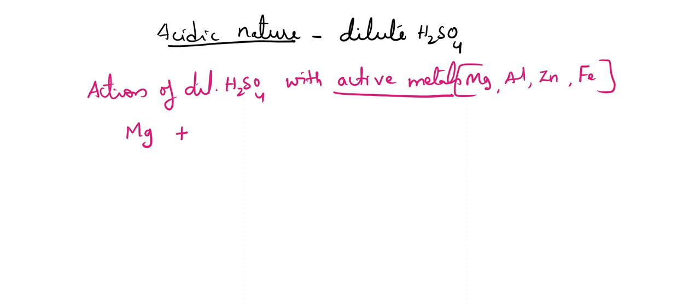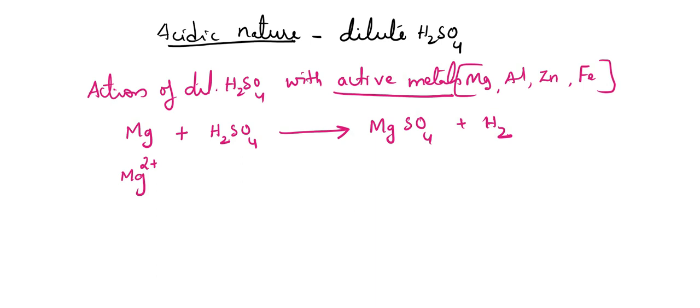Magnesium plus dilute sulfuric acid forms magnesium sulfate and produces hydrogen gas. So how to write this equation? Simple displacement reaction. The valency of magnesium is 2 plus, ions of sulfuric acid are H plus and sulfate. Symbol of sulfate is SO4 2 minus. So magnesium ion combines with sulfate to form magnesium sulfate. H plus ions form hydrogen gas, and check whether the equation is balanced or not.